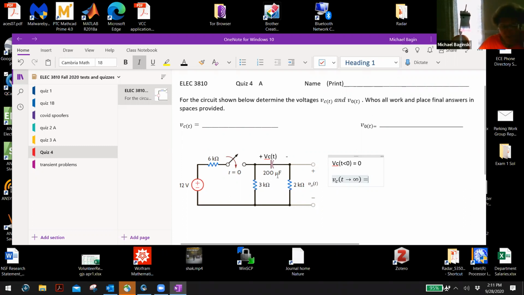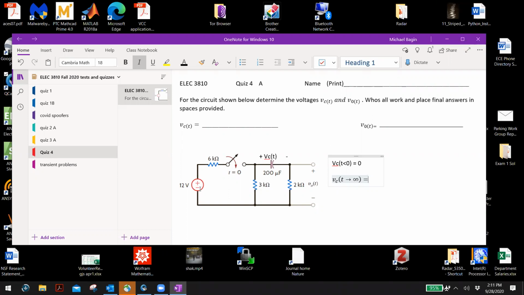Are you with me so far? That voltage would be what? It would be 3 over 3 plus 6 or 9. It would be 3 over 9 times 12, wouldn't it? Well, yeah. What I did, I considered the 2 also in it. No, the 2K has nothing to do with it, no current through there, right? Yeah, that's where I got it wrong. That's the problem.